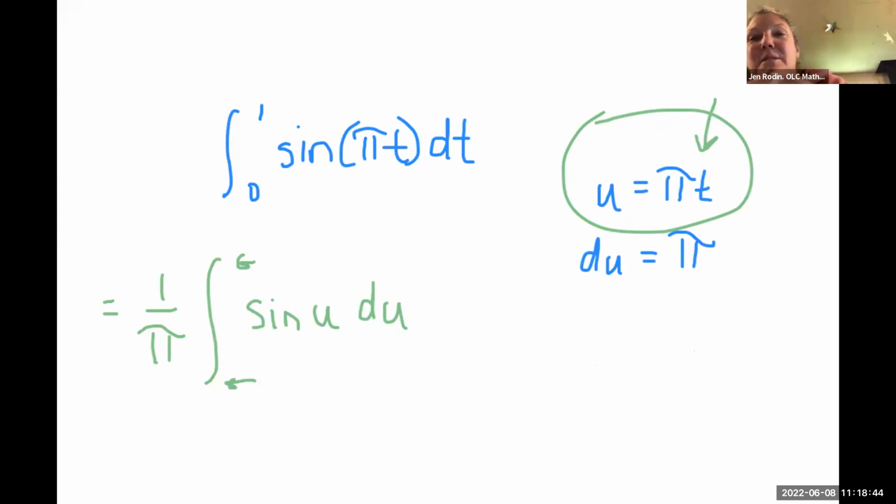So the integral of sine, who remembers what's the integral of sine? Cosine? Yeah, good.